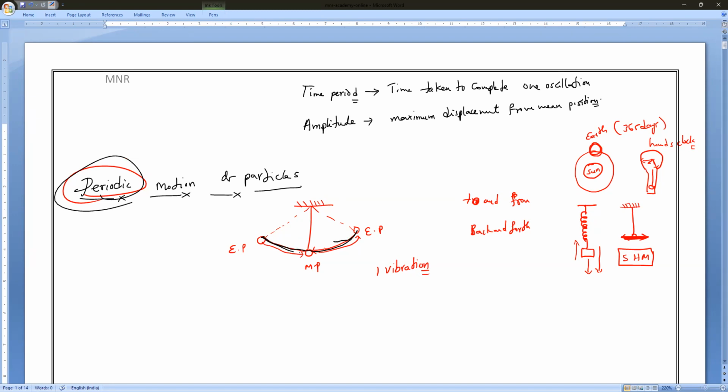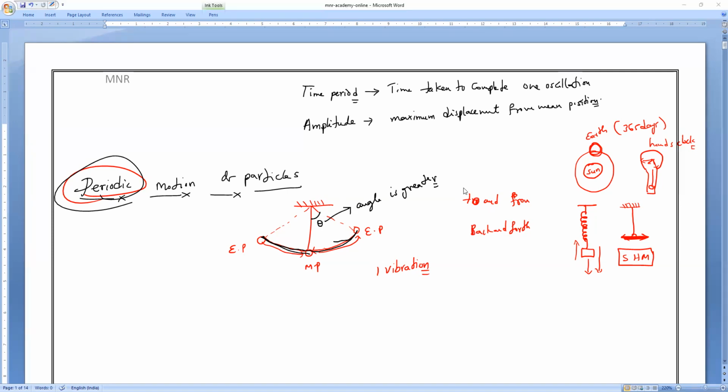If it is making a curved path and displacing more, the angle is very high. Let me take the angle as theta. If the angle theta is greater, it is not SHM. It is periodic motion.